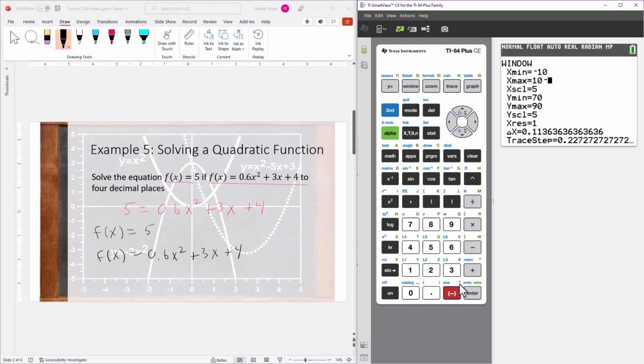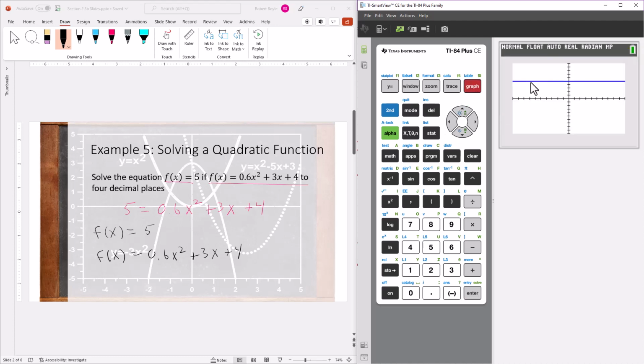I want the scale to be 1. And the same thing with y. Y min negative 10, y max 10, scale 1. Okay, and now I want to graph this. I can do that by hitting graph. And there it is. That is 5. 1, 2, 3, 4, 5.